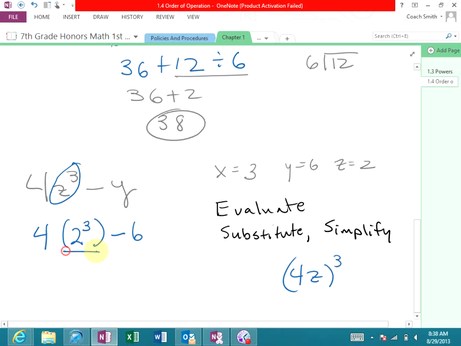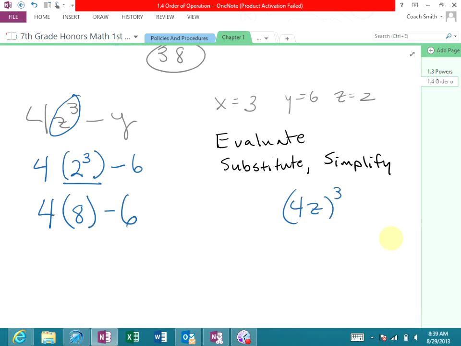So we're going to do the 2 to the third first. That gives me 4 times. What is 2 to the third? Derek? 8. So that gives me 4 times 8 minus 6. Now it becomes fairly simplistic. Okay, what is the next step? Amira? Yeah, we're going to take the multiplication. 4 times 8. 4 times 8 is what?